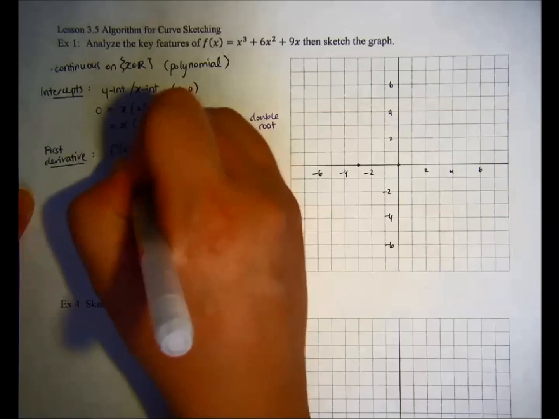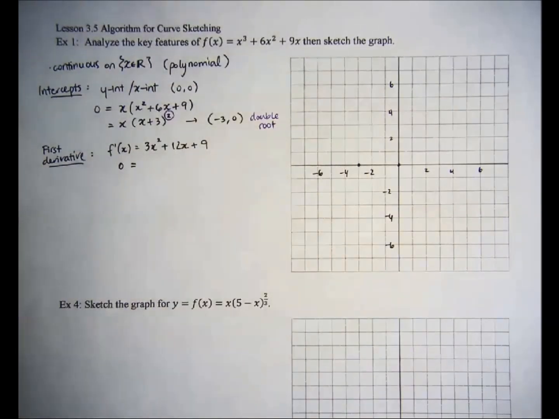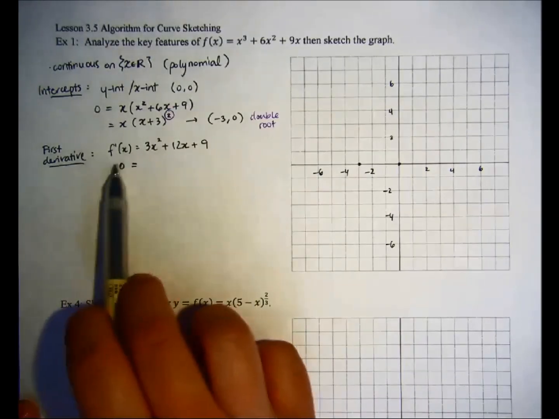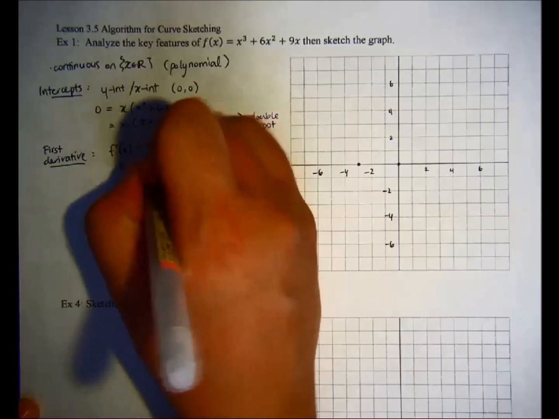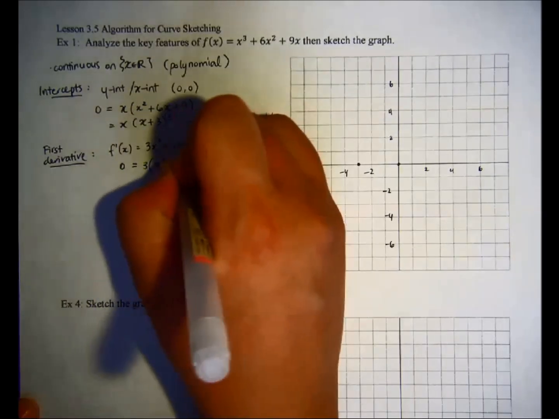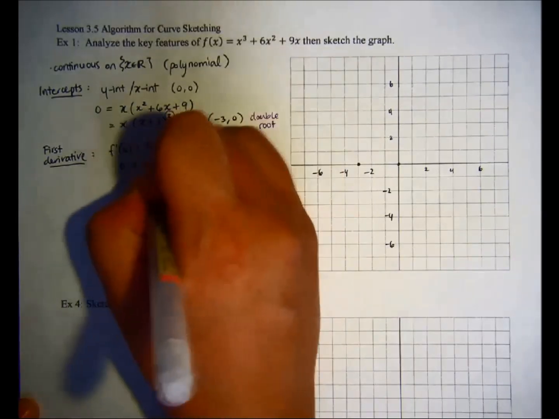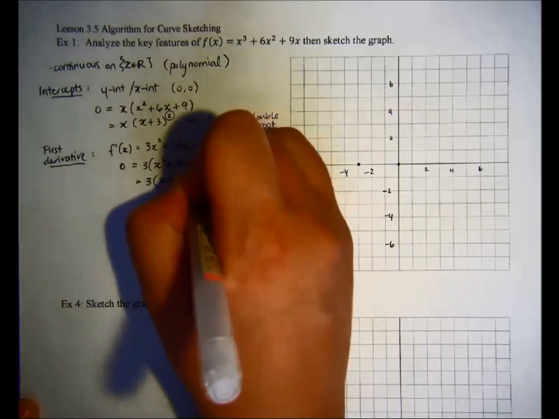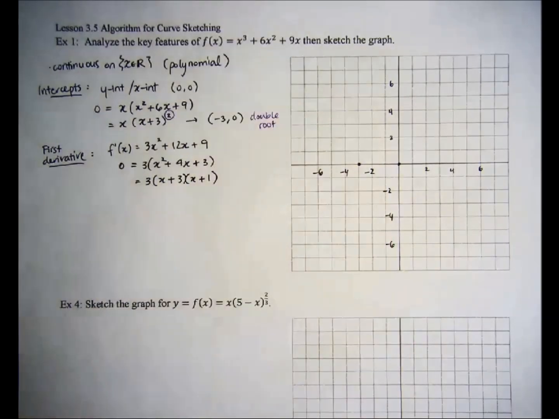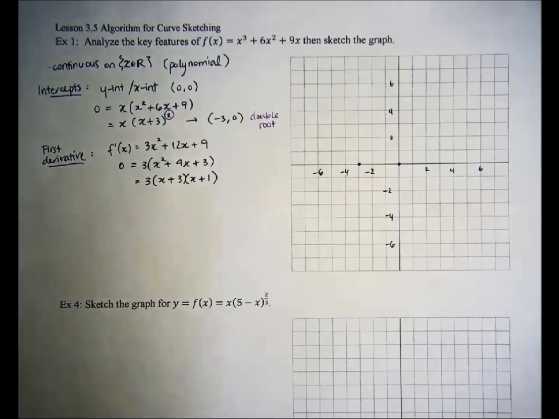If we set f prime equal to 0, there's not going to be any values where f prime does not exist. It's a continuous polynomial function. So we can just focus on f prime equaling 0. And that will help us figure out our critical points. And again, lucky, we have a factorable trinomial. So at x equals -3 and x equals -1, these are our critical points.